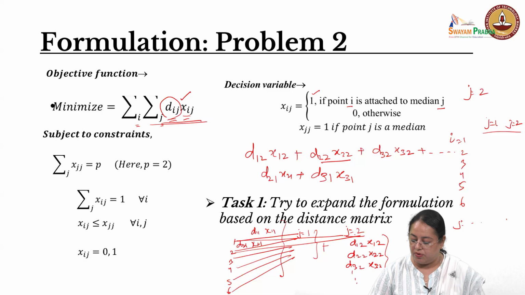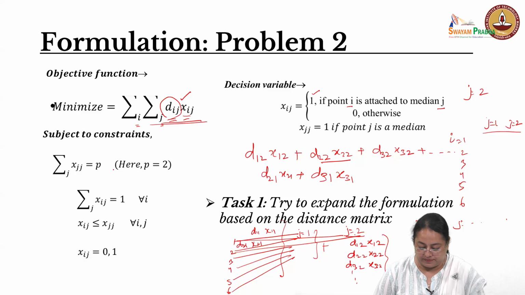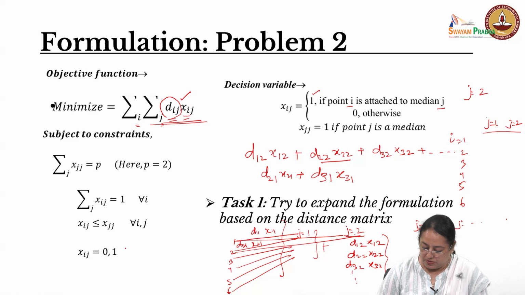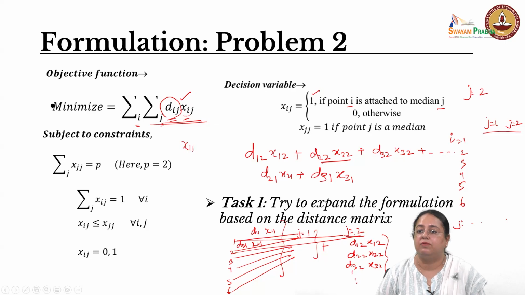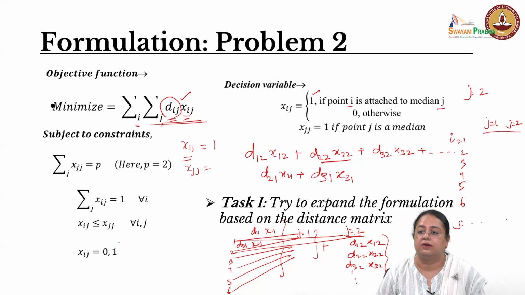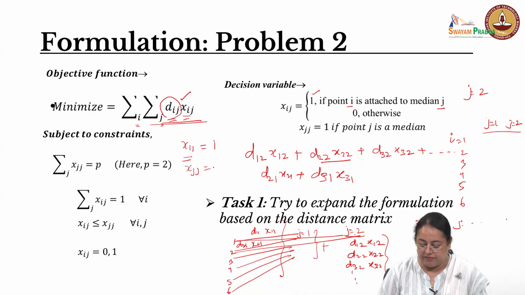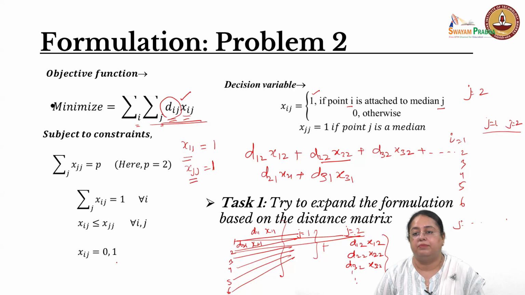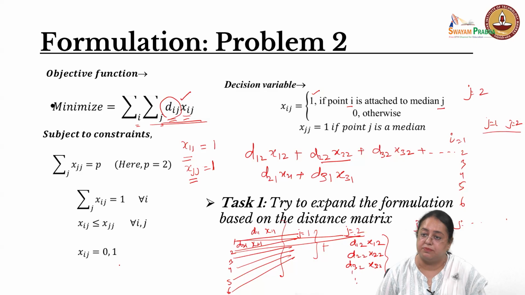Okay, and now what are the constraints? When x11 is selected, this becomes 1. That means xjj: when xjj is 1, we have selected that j as the median. It's a point, the first median.